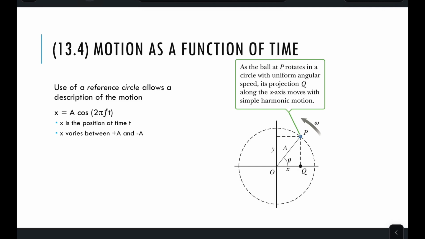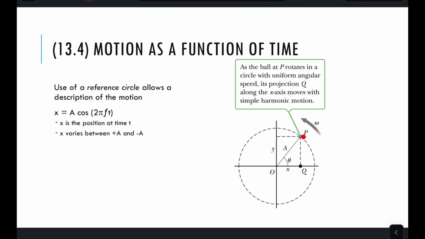Say we have an object moving from its initial position to this position. Remember the correlation just now: the shadow of it will fall on point Q. This object is moving with angular frequency omega in this direction, counterclockwise. The angle theta covered by the object as it moves from the initial position, theta 0, to here is the angular displacement.